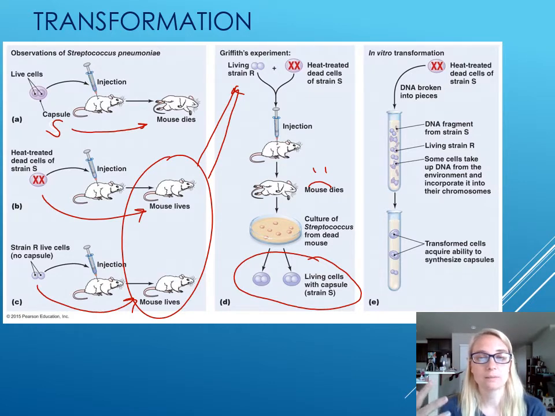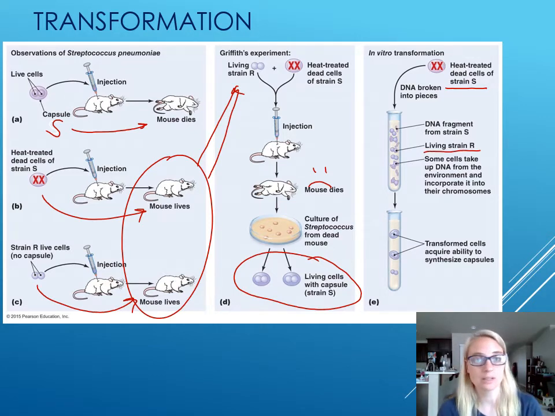So he furthered his experimentation. Instead of using a mouse, he actually did it in a test tube, this in vitro transformation. So what he did was he, again, mixed some S strain with some R strain. He mixed those together. He let them sit in just a test tube. And again, he looked at that culture and he saw living S strain with the capsules.